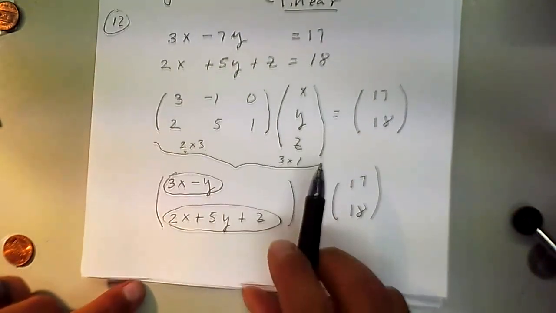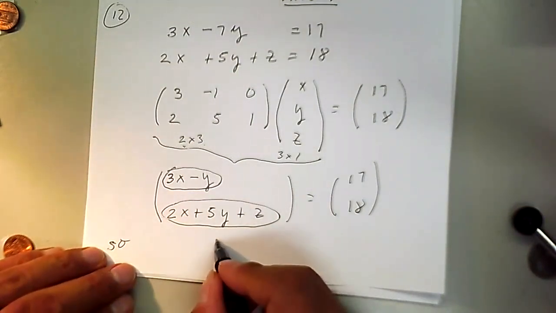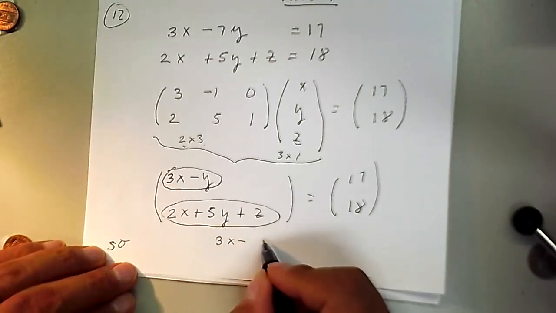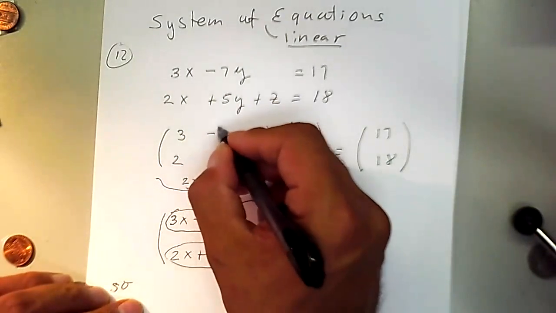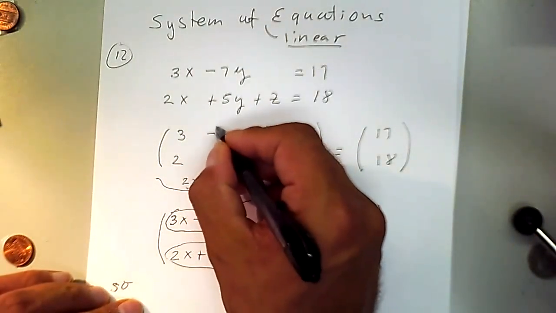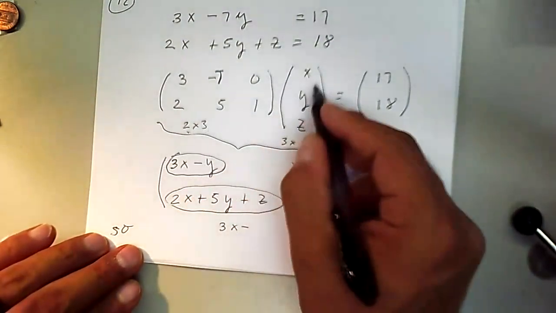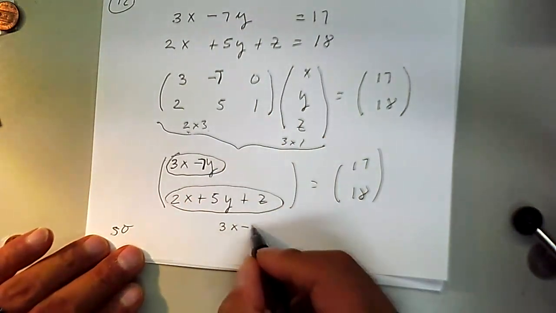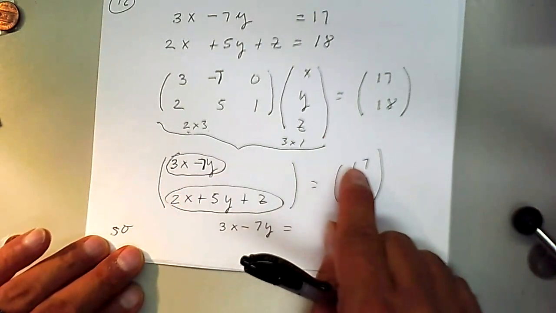So this means that, 3x minus, oh, here I made a mistake. Speaking of mistakes, this should be a 7. So when we multiply, that should be a 7. There we go. So 3x minus 7y, this entry has to be equal to that entry.